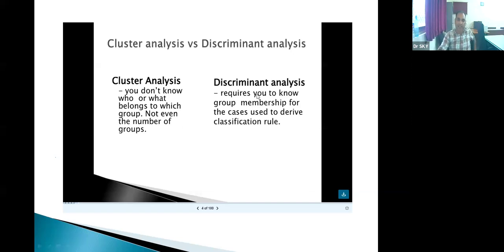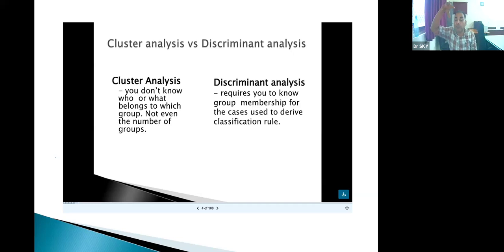So discriminant analysis requires you to know the group membership for the cases used to derive classification rules. On the basis of a well-defined classification rule, we classify the objects into different classes. This is a little bit different from cluster analysis. In cluster analysis we group the objects on the basis of all the characteristics, and in discriminant analysis we have set rules, and on the basis of that we classify the different objects into different groups.